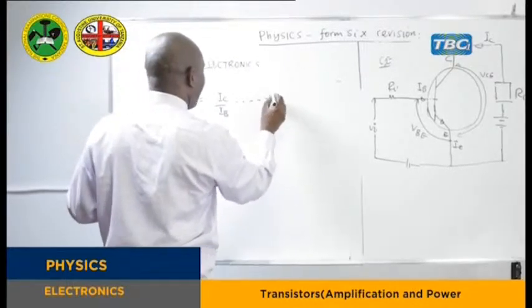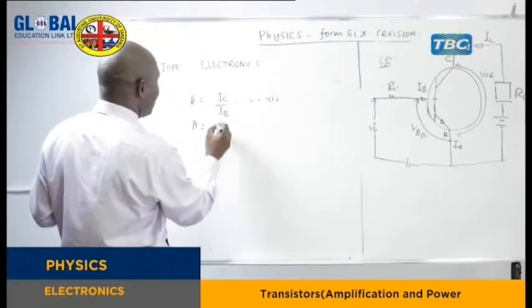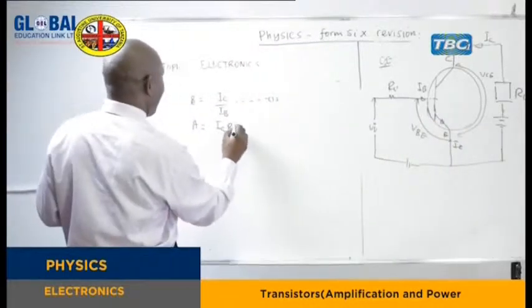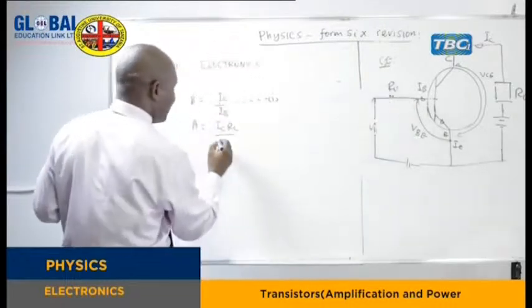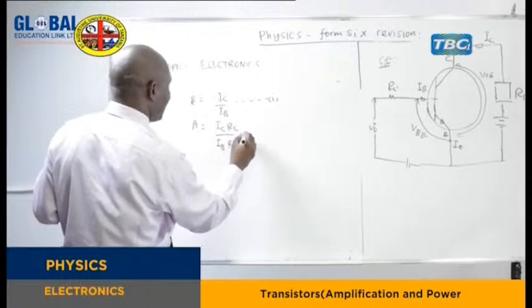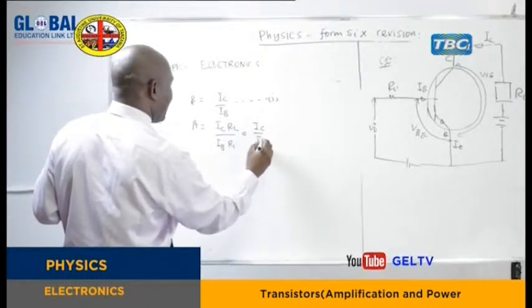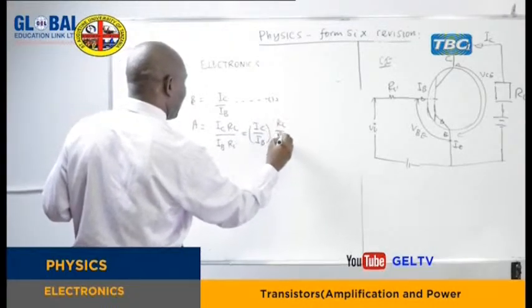And then from here you can find the voltage gain. Again, the output voltage is IC times the resistance RL, over our input voltage, which is given by the base current IB times the input resistance RI. If you make the arrangement, you have IC over IB, in brackets, times RL over RI.